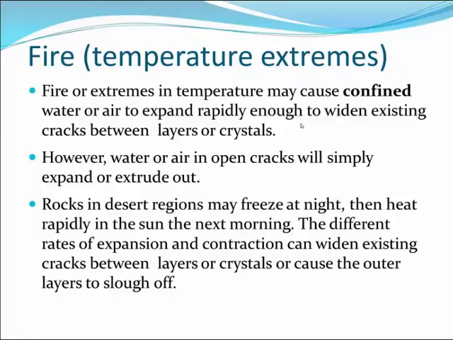We can have fire or extremes in temperature, and if there is confined water or air, if that expands rapidly enough when exposed to either fire or extreme cold, it might widen existing cracks between layers of rock or between individual crystals within the rock. But the cracks have to exist already, and those cracks develop as unloading proceeds.